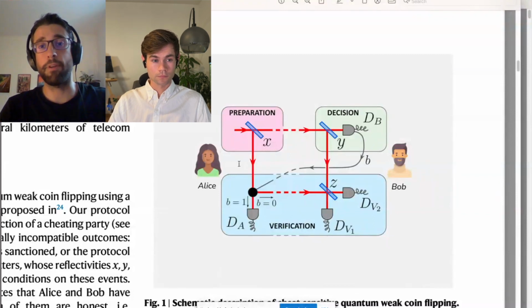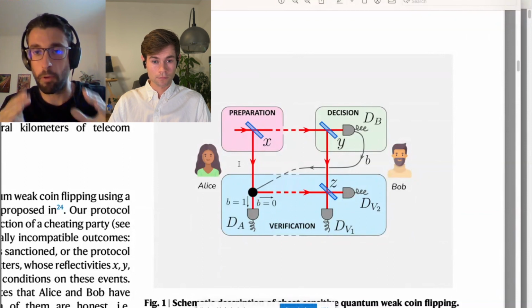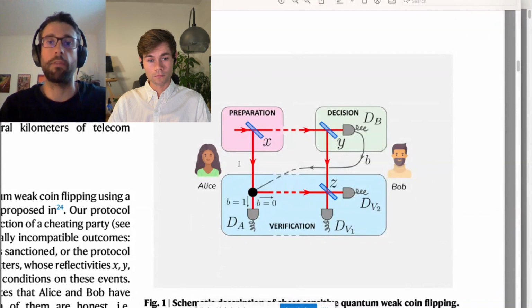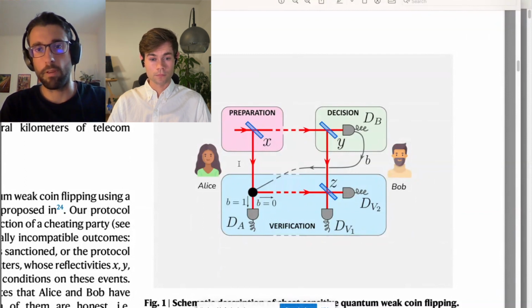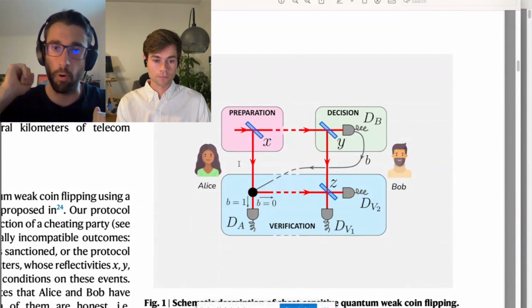But we don't actually have an explicit attack that Alice can do. We just know that she can't cheat with probability higher than some number that's dependent on the experimental parameters. So what we do in the paper is we still illustrate some of the attacks that Alice can do, but we just know that that's not her best attack.